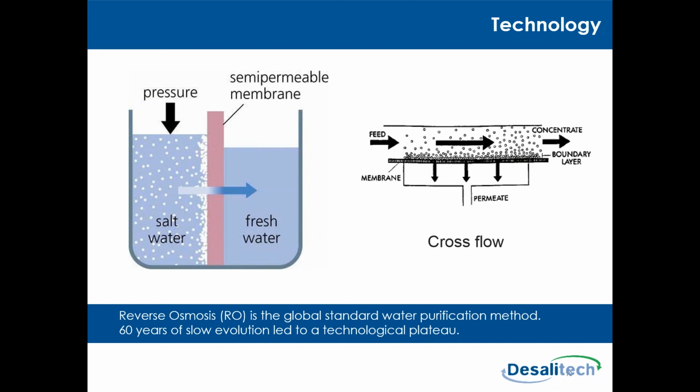You need to apply cross-flow, and that's illustrated on the right. The feed and concentrate move past the membrane, sweeping away the boundary layer, the buildup of salts, and constantly refreshing that boundary layer, while permeate goes through the membrane. So cross-flow is essential for reverse osmosis and for nanofiltration as well.